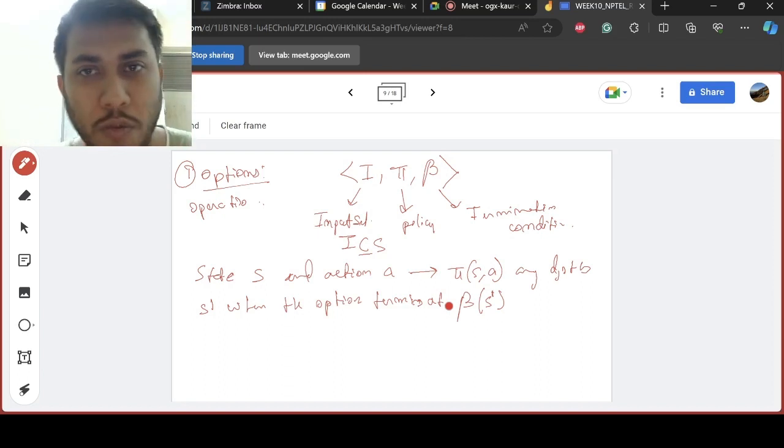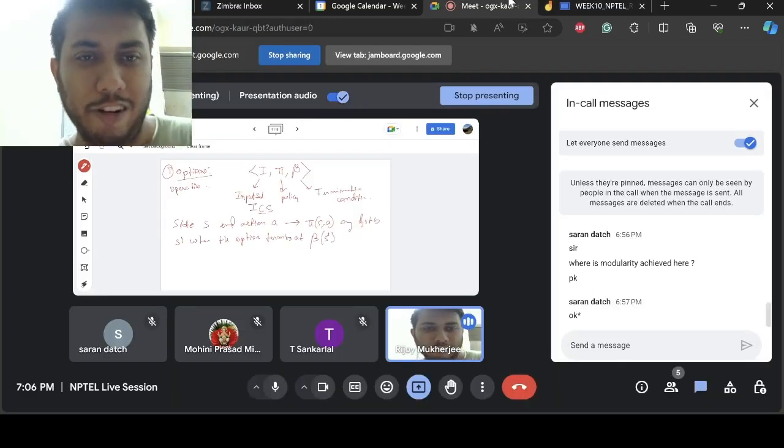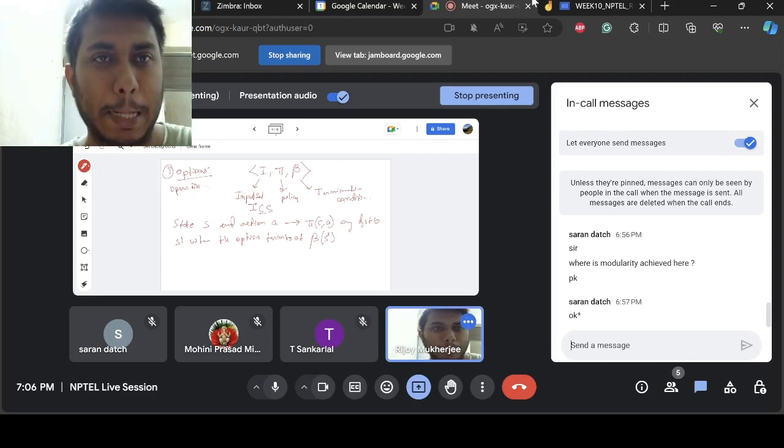Okay. So this is a high-level definition. So what basically is an option doing?